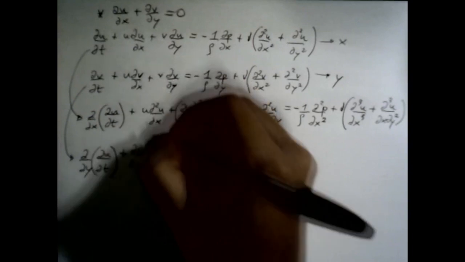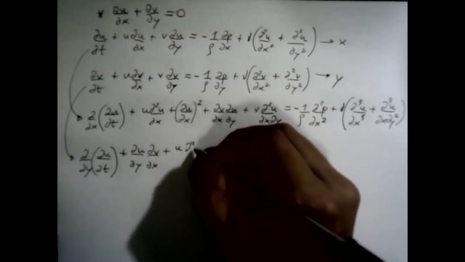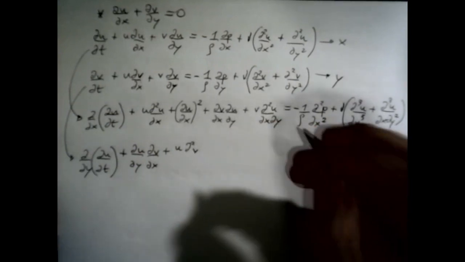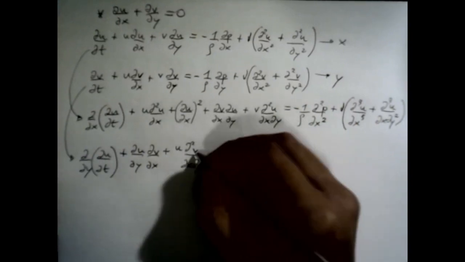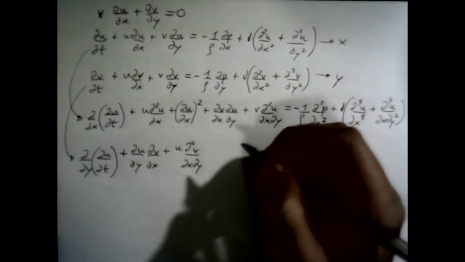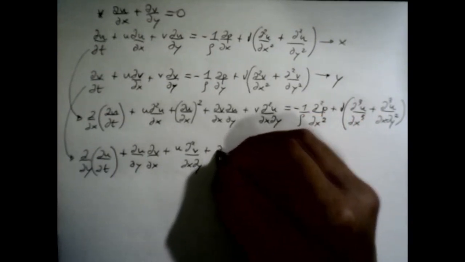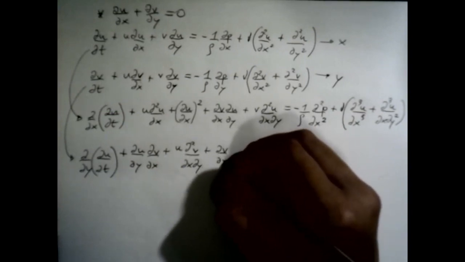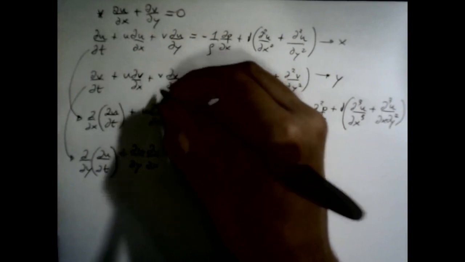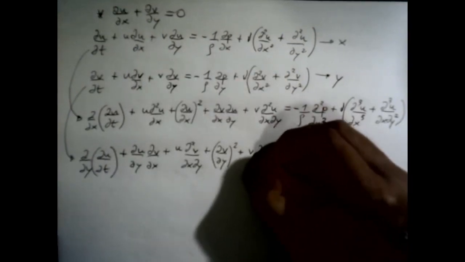du dy dv dx plus u dv dx dy plus dv dy. Here will be squared plus v.